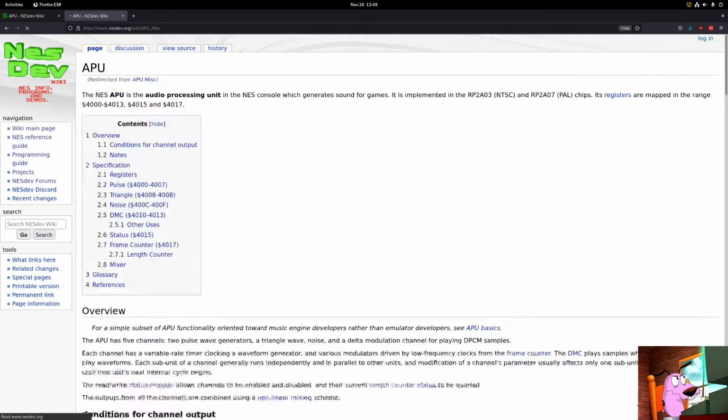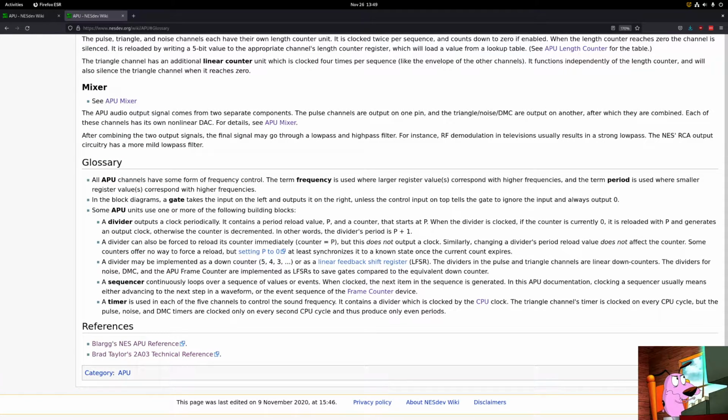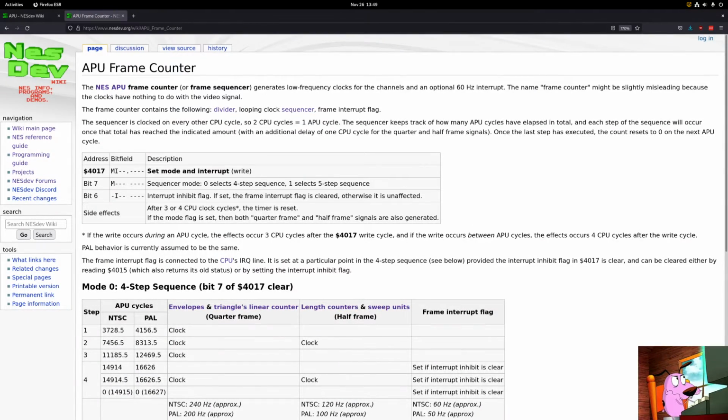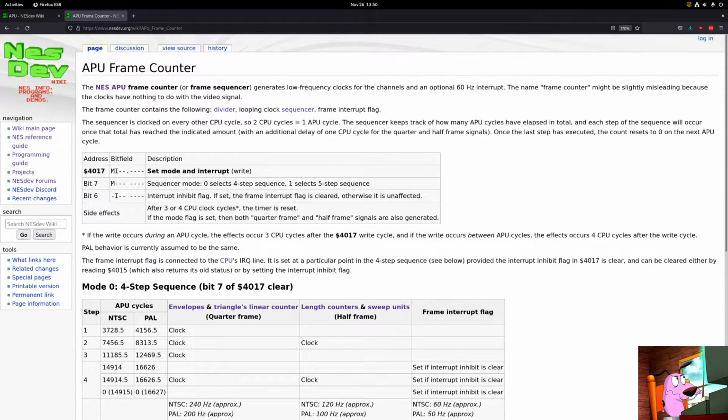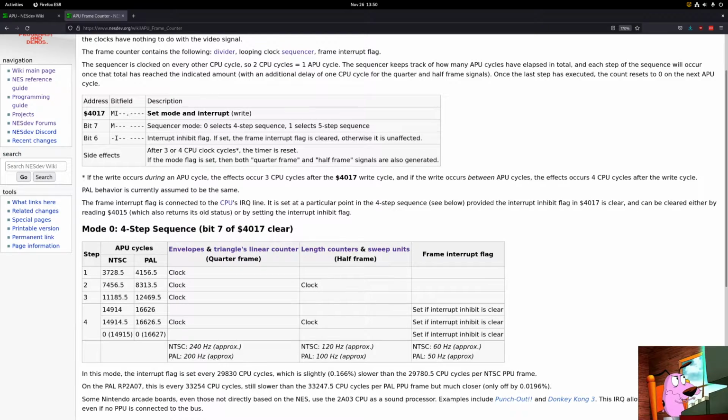What is this sequencer? Sequencer continues over a sequence. Yeah. In this, clocking a sequencer usually means either advancing to the next step in a waveform or the event sequence of the frame counter device. Right.